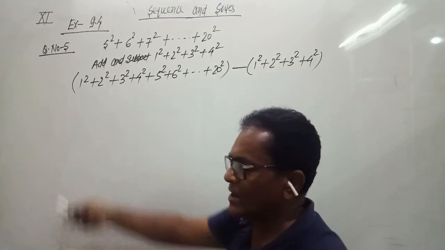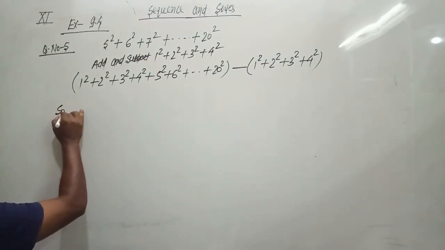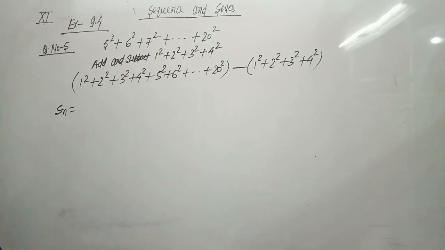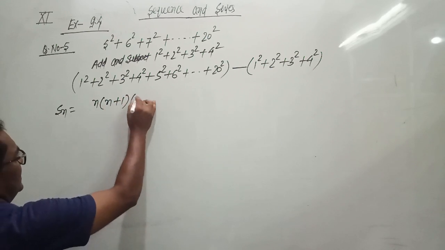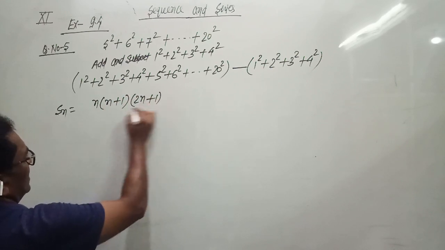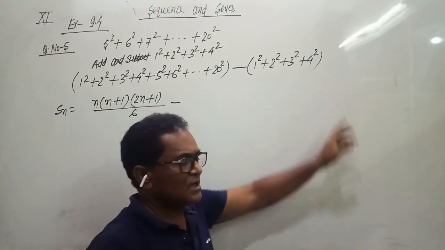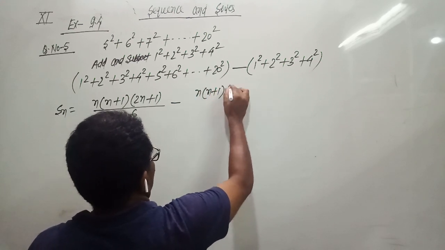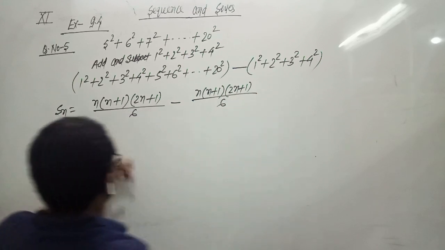and the formula for Sn is 1 square plus 2 square plus 3 square plus up to n square. The formula was n into n plus 1 into 2n plus 1 upon 6 minus, there are 4 terms. In this case, the total number of terms is 20.